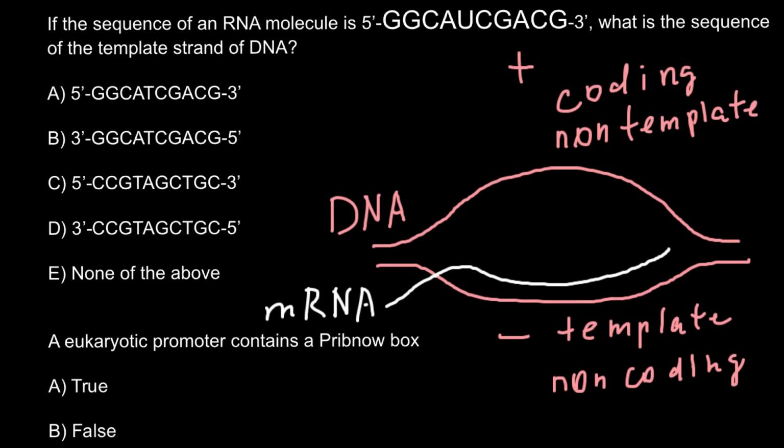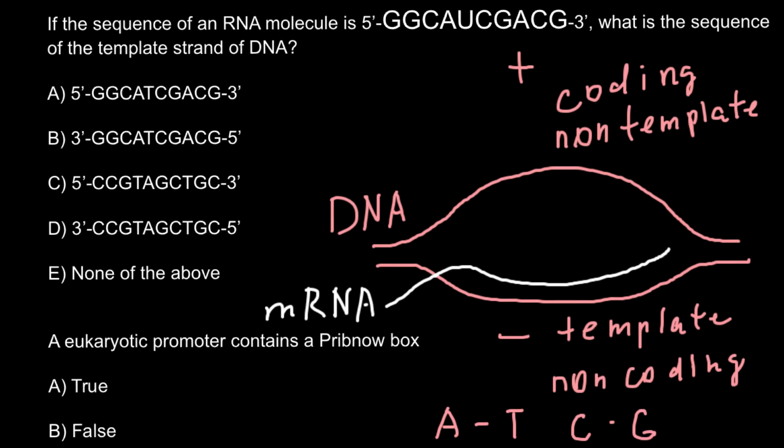So as you see, according to our problem, we have to find the sequence of the template strand of the DNA. So this strand of the DNA. And we can find this easily. We just have to know the simple rule that A, or adenine, always pairs with thymine, and cytosine with guanine.